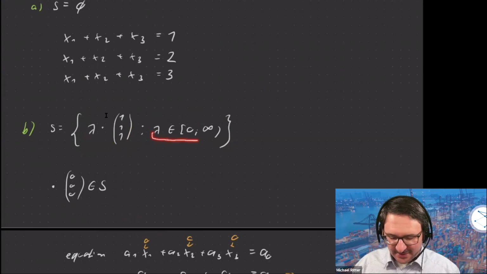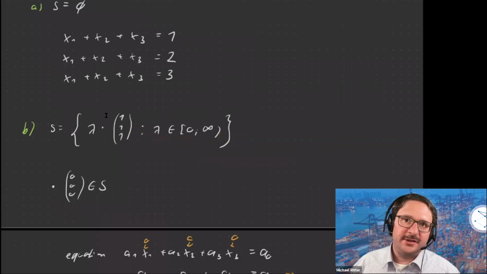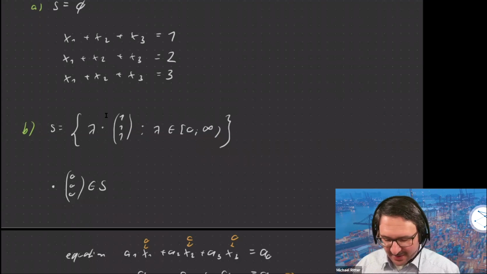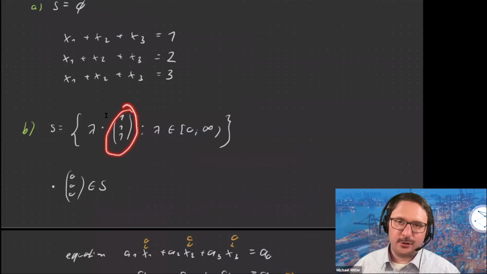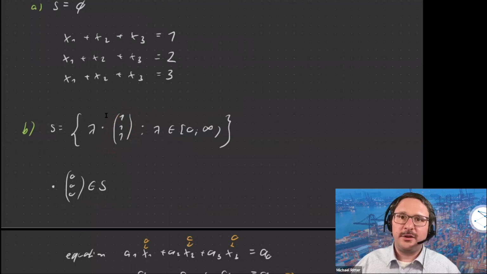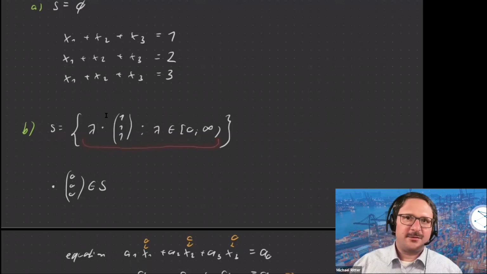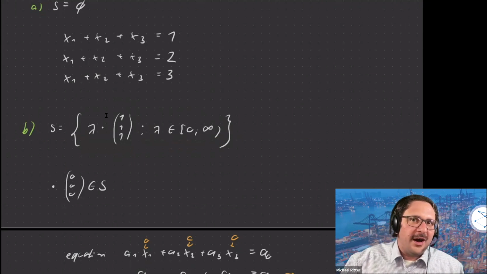And lambda is between 0 and infinity, so any non-negative number. So what we get here is any non-negative multiple of that vector 1, 1, 1, including 0. So basically that lambda is a way to describe that half or part of a line that we get.